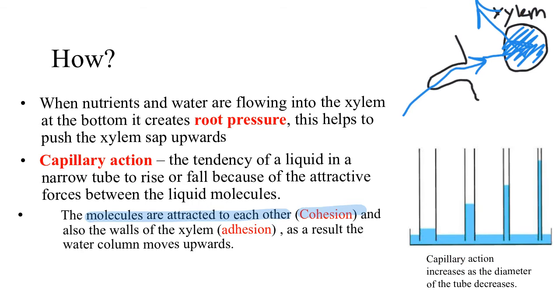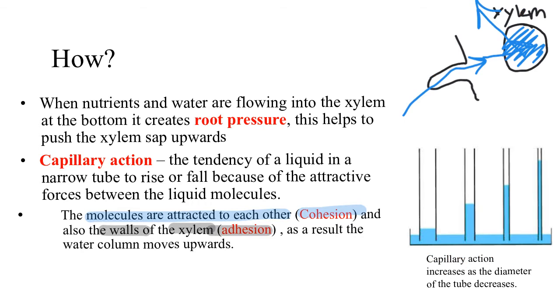The other process involved here is called adhesion. And adhesion just describes how these molecules are actually attracted to the walls of the vessel. So in this image, the walls is whatever, plastic or glass is being created there. But when we're talking about plants, we're talking about the walls of the xylem.